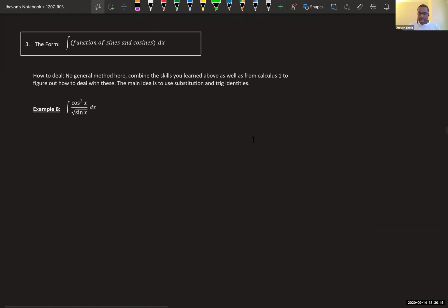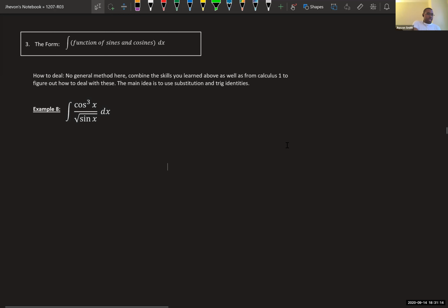The basic idea was to use the identities to change things in such a way that you could save one of the trig functions, such that if you say u equals the other trig function, the one you saved is going to be your du. That is the overarching general principle we're trying to apply here. So now let me give you something more general. Let's say this was your integral.